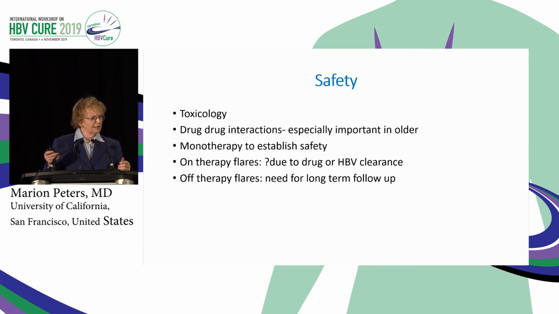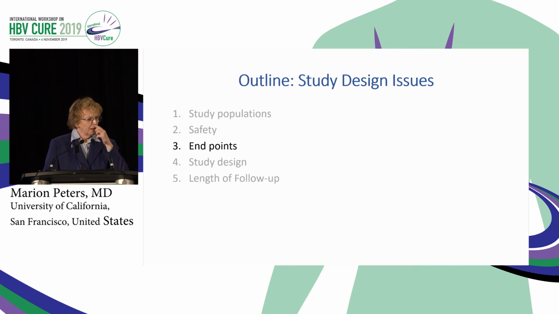I won't mention this because it's already been discussed, except the last point, off-treatment flares. We know patients, when they stop nukes, can have flares after, and it can be many months later. So we have to put into our algorithm, how do we follow these patients and monitor them for flares? I think that's critical for safety.